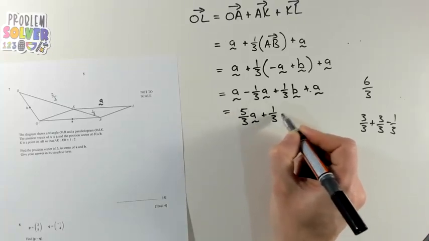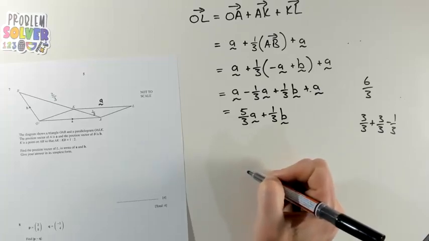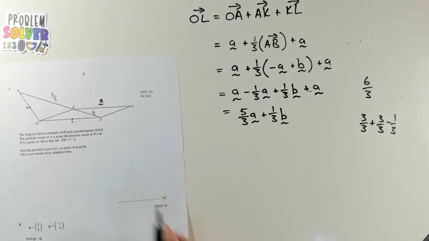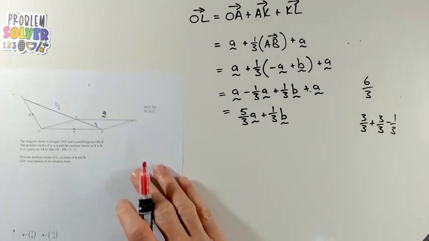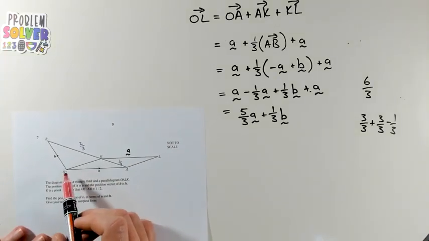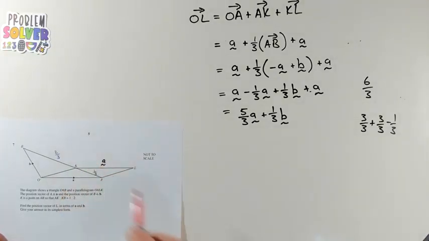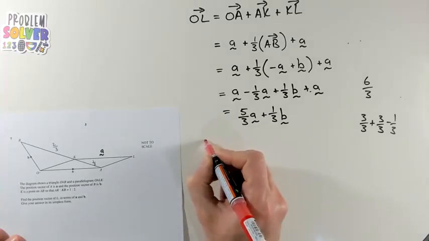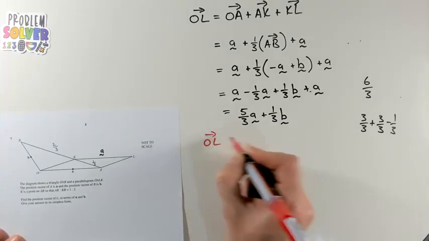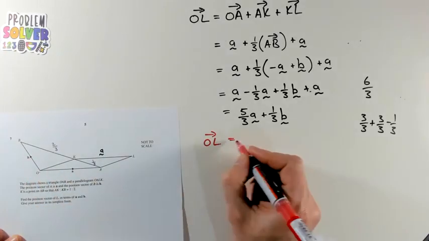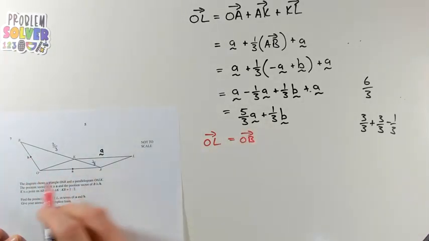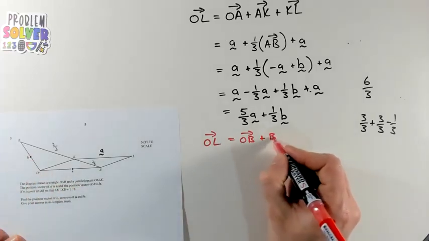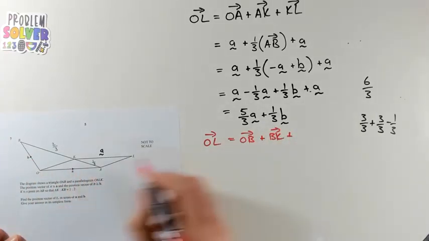Plus a third B. So let's take a different route and then we'll see if we get to the same thing. Hopefully we do. I don't know if I'll have enough space, but let's just try. OL is going to be OB. So I'm going to go up and then plus BK, and then plus KL.